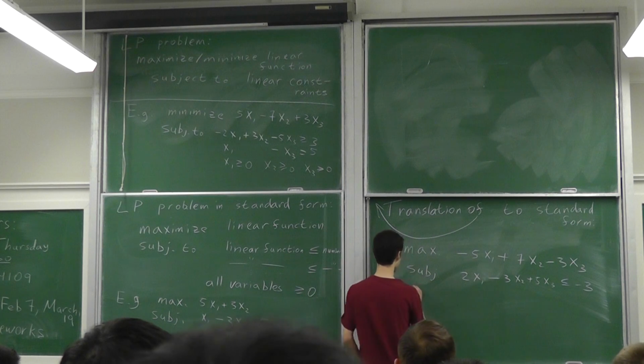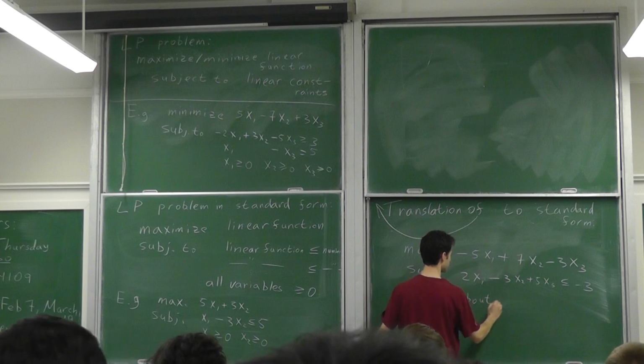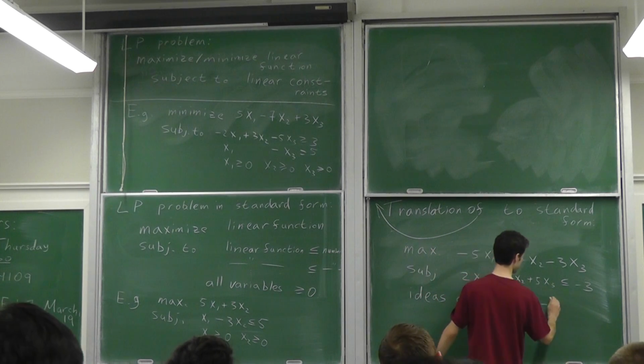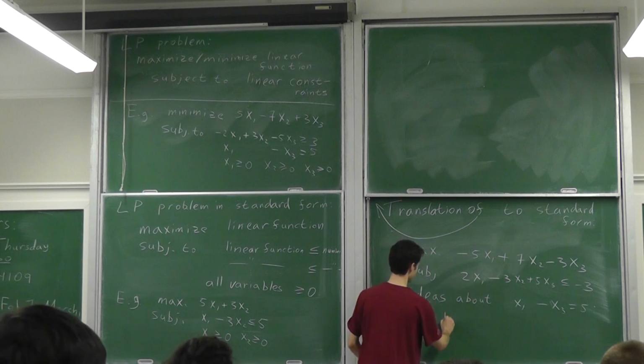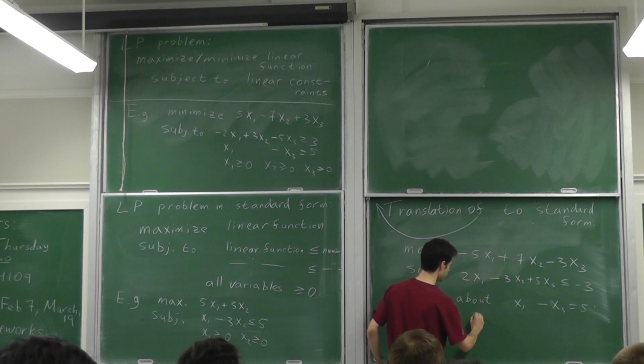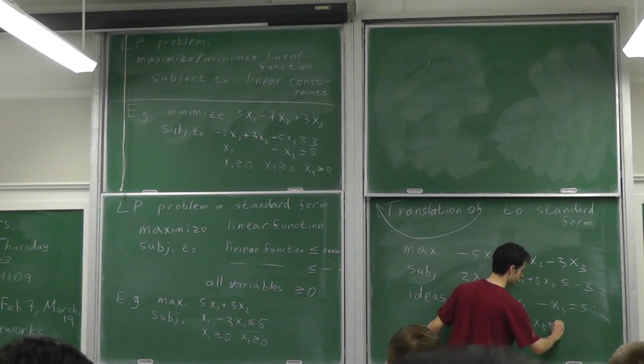So, ideas about x1 minus x3 equal to 5. First idea is like this. Use x1 which is equal to x3 plus 5.